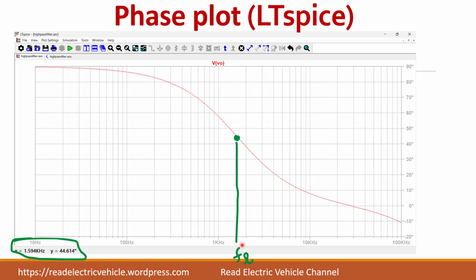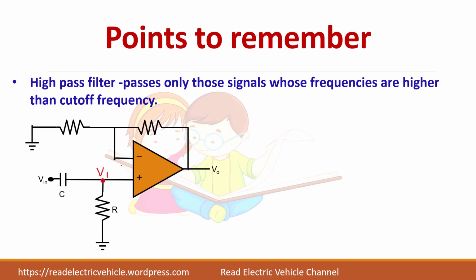And at the cutoff frequency, the phase difference will be 45 degrees. So that you can see here. When the frequency is almost 1.59 kilohertz, that is near the cutoff frequency, the phase angle is 45 degrees. So initially it was 90, then it comes to 45 and it comes to 0 after that.